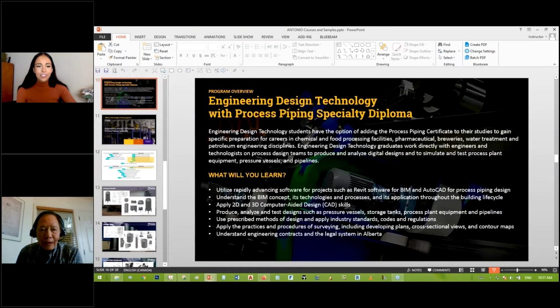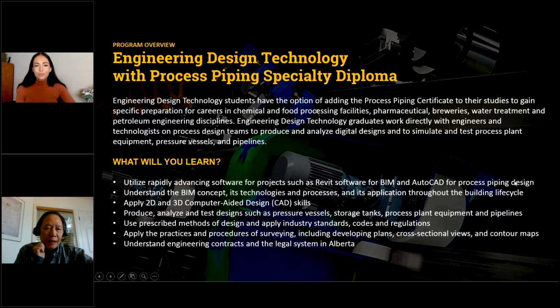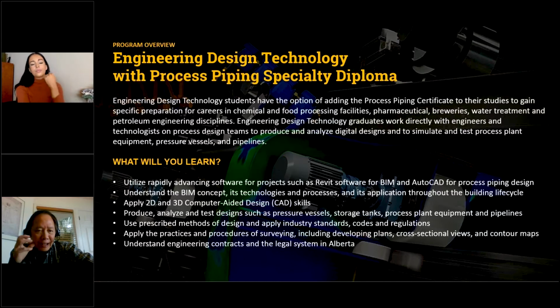Perfect. Okay, so the specialization in process piping is 5 courses that we have been adding to the Engineering Design Technology program. As I see, all the students take that specialization. Why? Because it lets you broaden your skill in the areas where piping is used most, for example oil and gas, and it is not just oil.